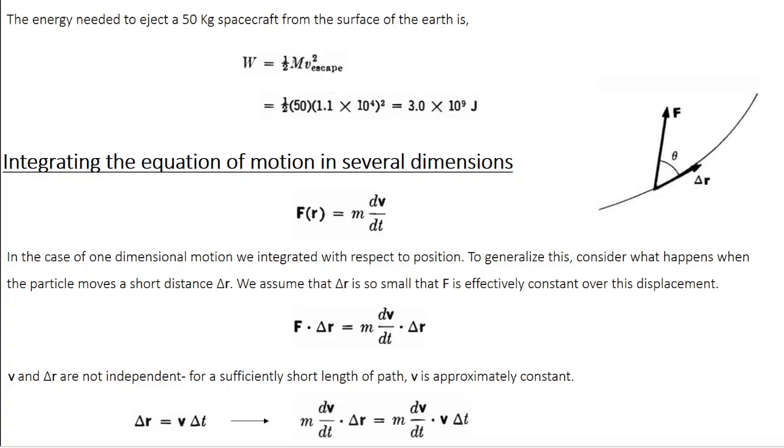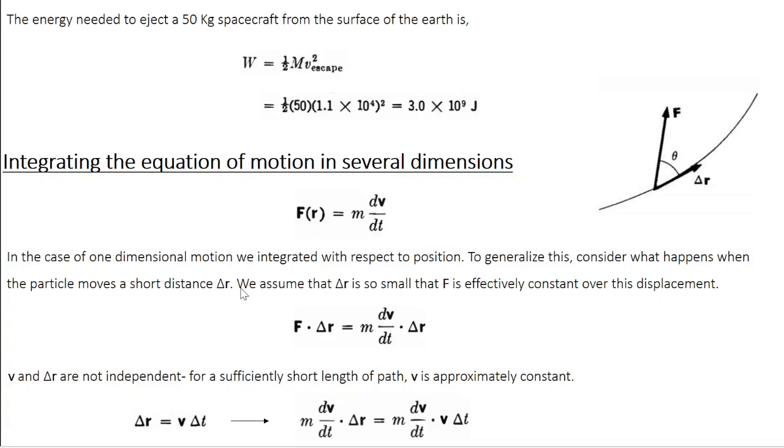So far we have been dealing with equation of motion in one dimension, that is a specific case. Now let's take the general case, that is integrating the equation of motion in several dimensions. As always, start with our fundamental equation F equal to ma, or F equal to m dv by dt. The left hand side is a space dependent term and the right hand side is a time dependent term.